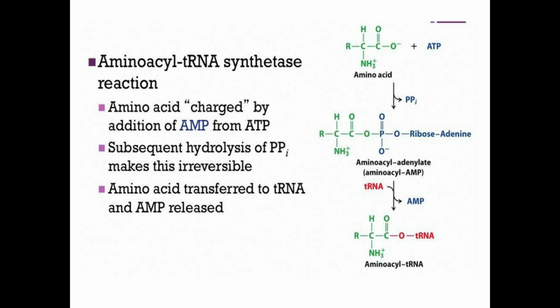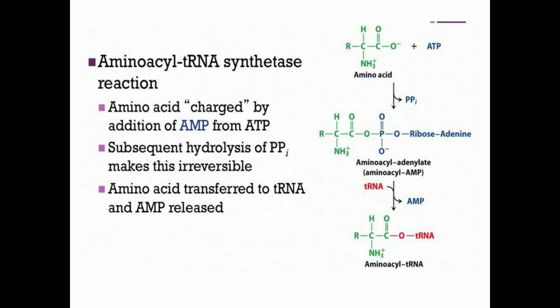So just now we discussed the recipe. Now we have to go to the ingredients or the raw materials. As already mentioned, the 20 biogenic amino acids are used for protein synthesis. But in what form are these amino acids used during protein synthesis?